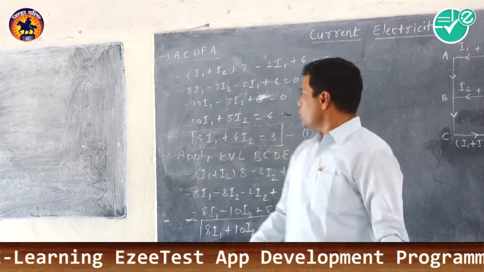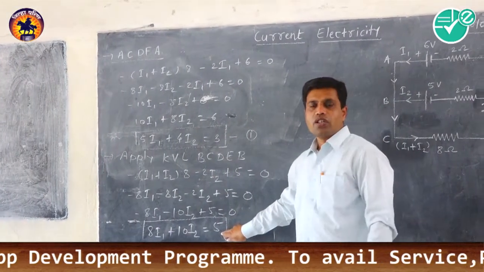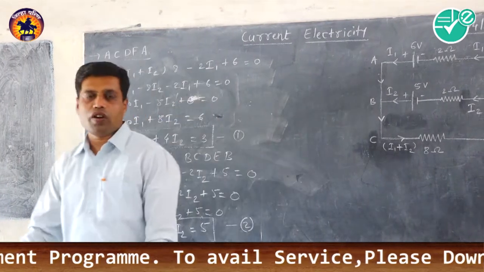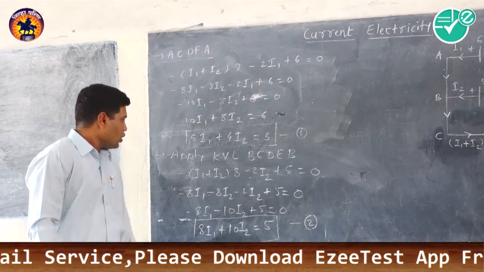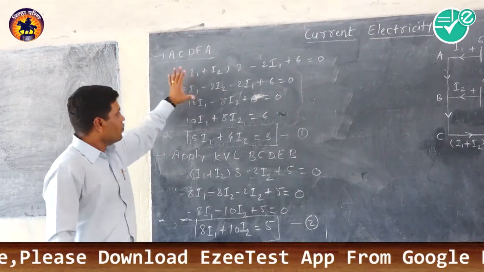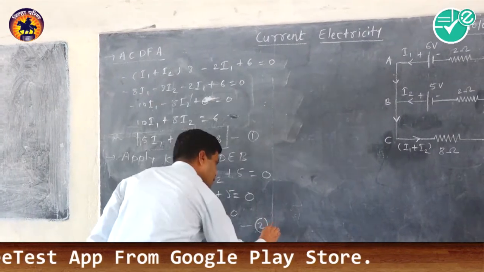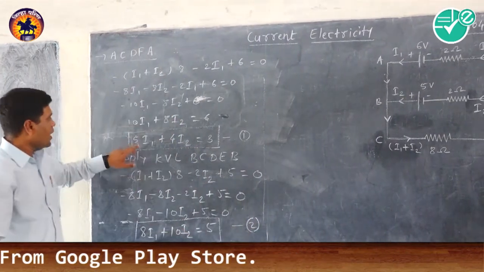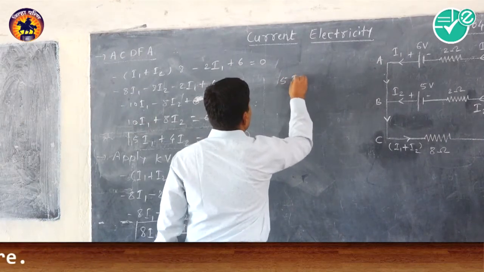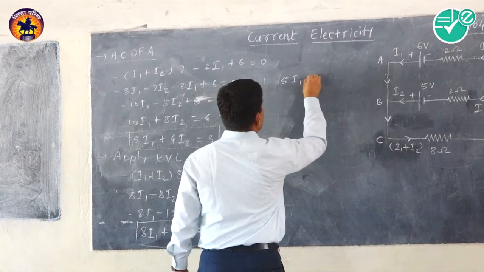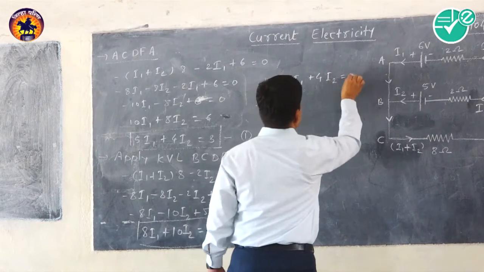Now, solving these equations, we will get the values of current I1 and I2. I will use this part to do the calculation. Now write equation first here, that is 5I1 plus 4I2 is equal to 3.